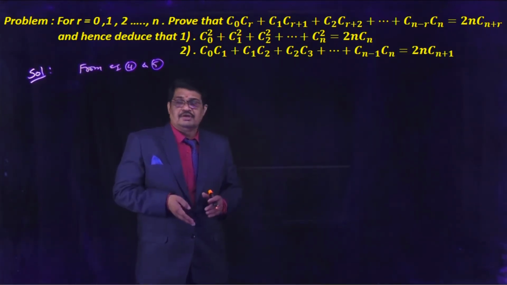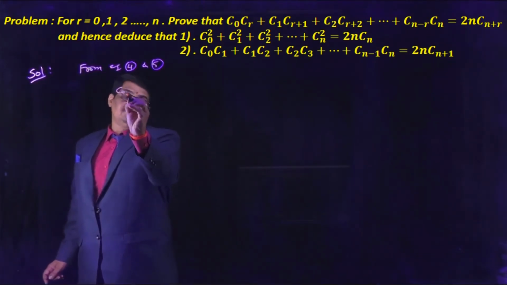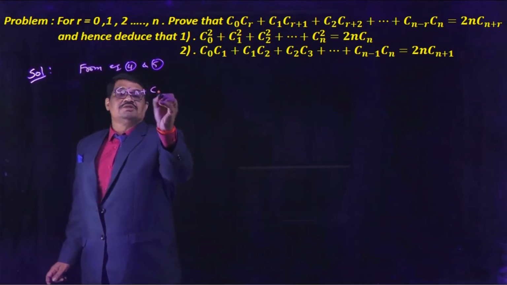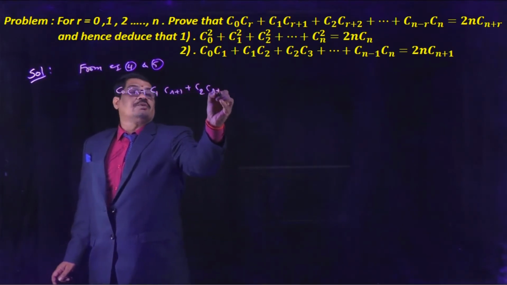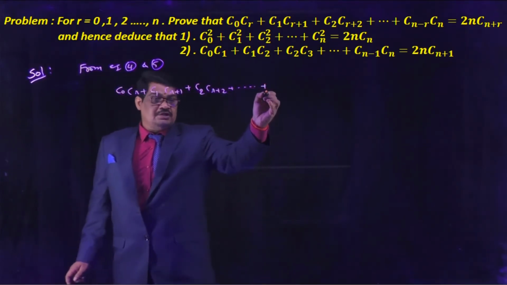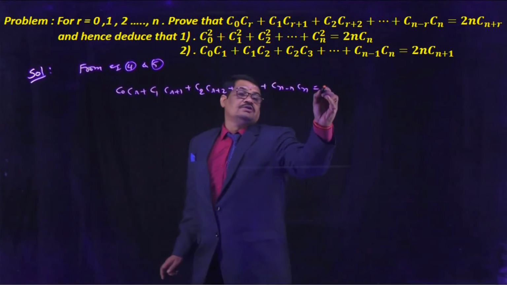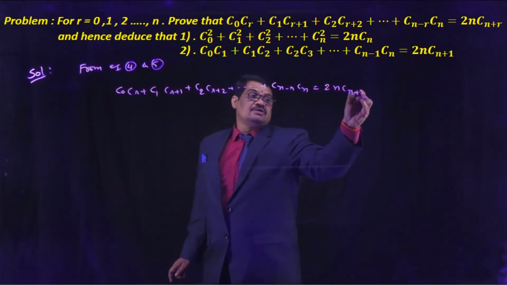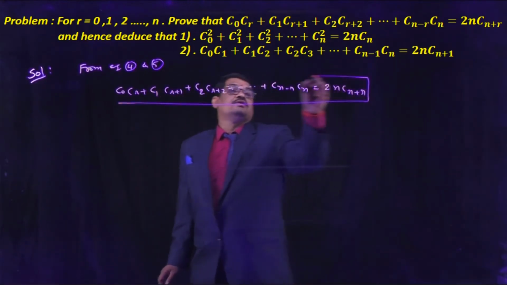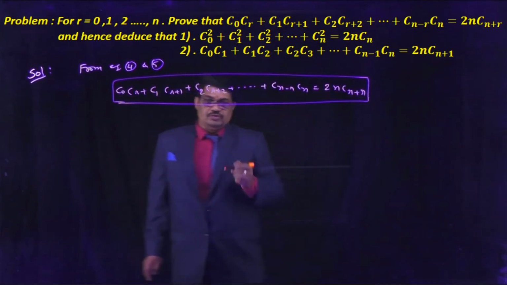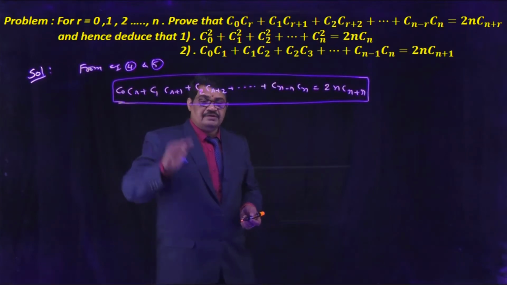We are equating these two, and we are getting the result: C0 Cr plus C1 Cr+1 plus C2 Cr+2 and so on, plus Cn-r Cn is equal to 2nCn+r. So this is our required result. It has been proved. Then using this result, we have to deduce two results.